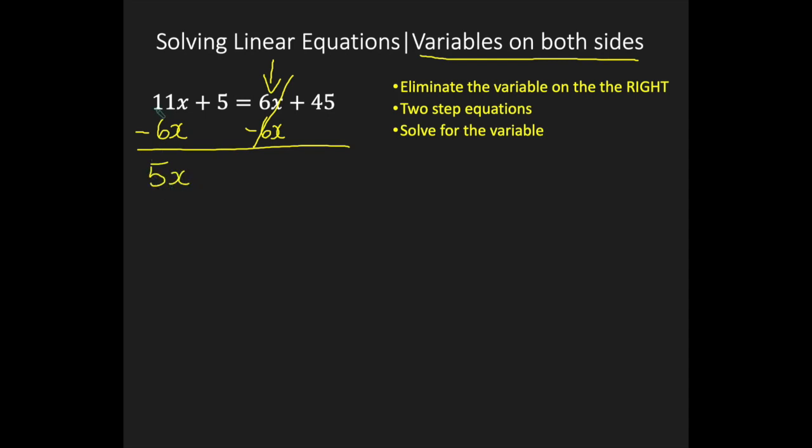Keep the sign of the larger, so it will be a positive 5x. I'm going to bring down my plus 5 equals, and then I'm going to bring down my 45. Now because there's a plus sign in front of the 45, I do not need to write it.